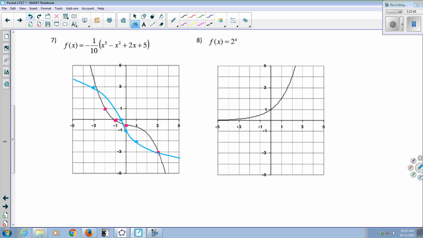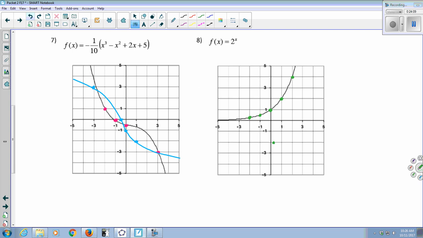All right, last one, f of x equals 2 to the x. Pick a few nice integer points. It does pass the horizontal line test, so I just have to plot a few points here and reverse their coordinates. So this one down here, it looks like -2, 1/4. So I'm going to plot 1/4, -2.